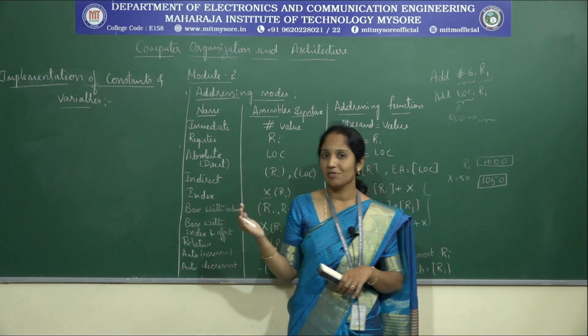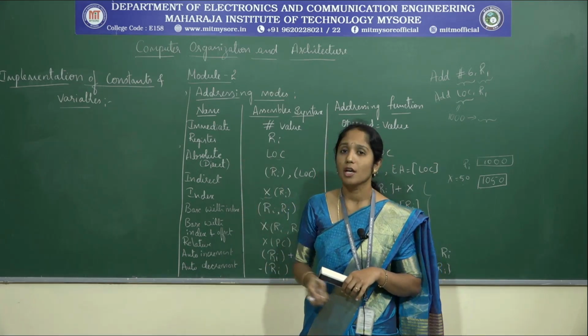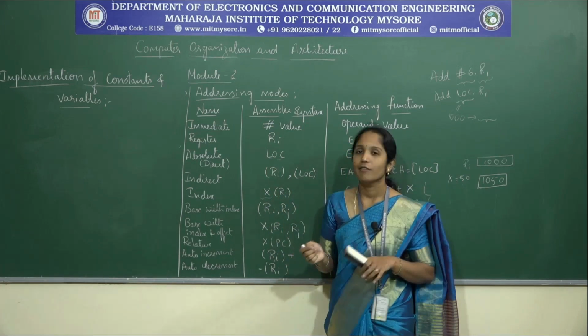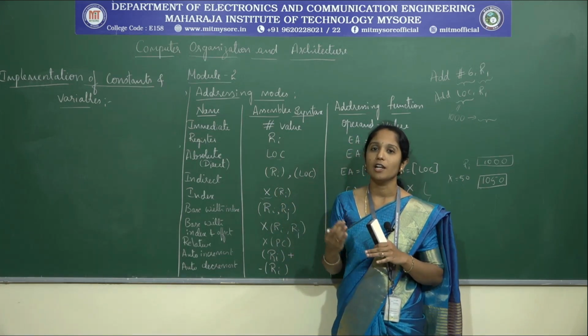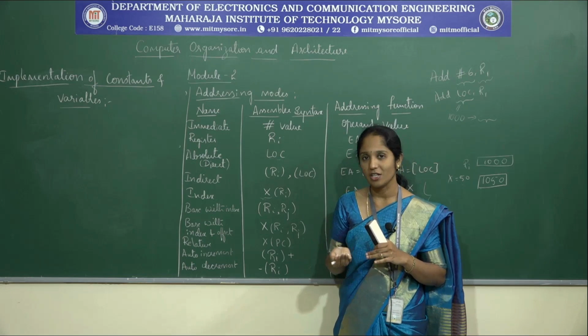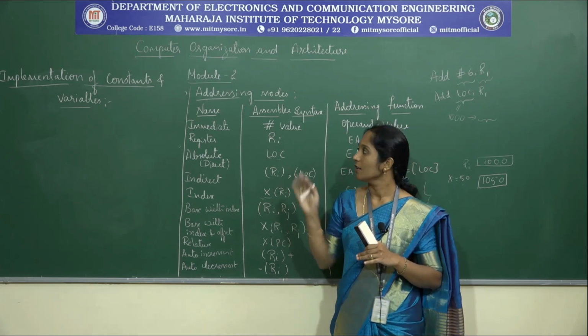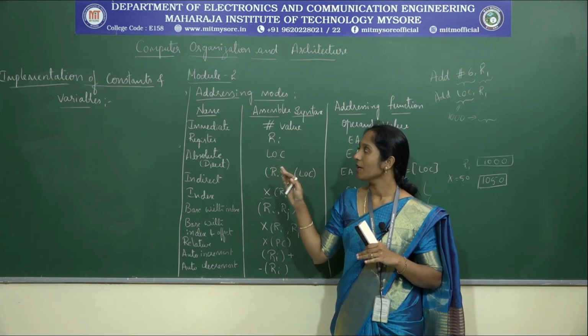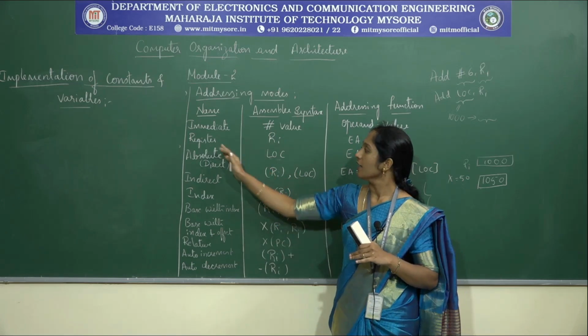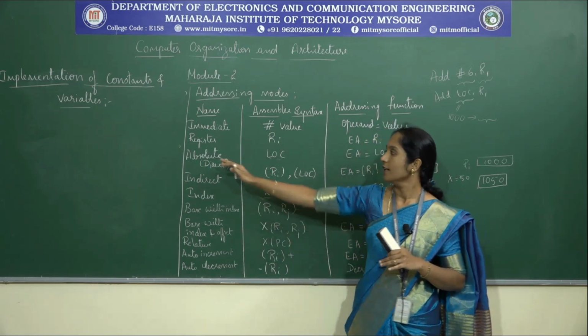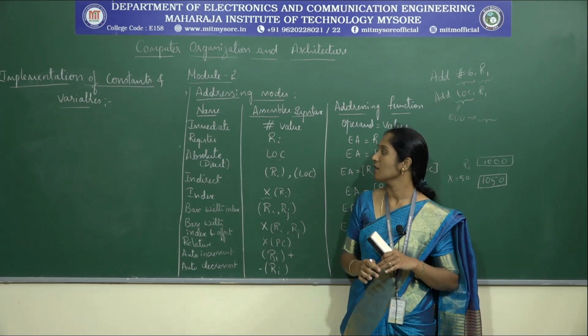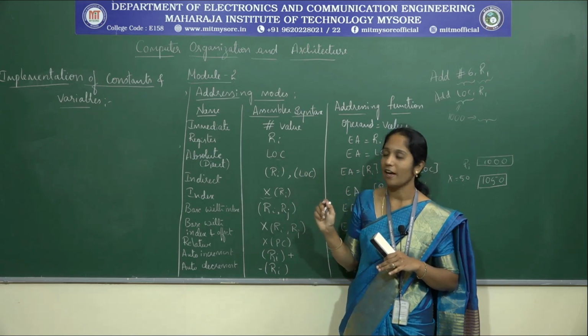Let us consider the variables first, and then we will see constants. Variables are nothing but the value of the operand will be continuously changing. In such a case, the variables are implemented using either the register or the absolute, that is direct addressing mode in case of assembly language.